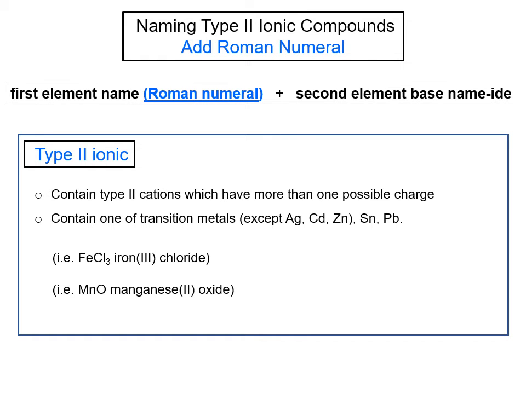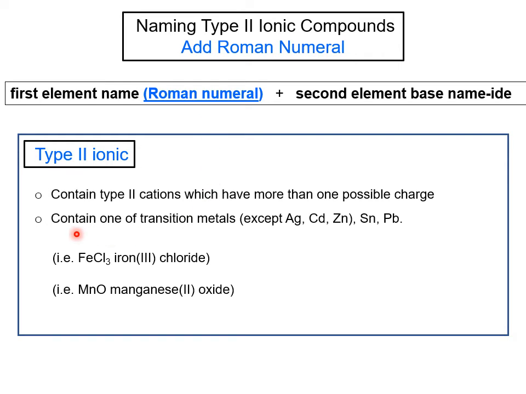Right, so now we'll look at type 2 ionic compounds. For naming type 2 ionic compounds, we add a Roman numeral to the skeletal equation that we had. And remember that type 2 ionic compounds contain type 2 metals. And remember that type 2 metals could have more than one possible charge. So the reason we need to have a Roman numeral is to show what that charge of the cation is, because it could be two or more potential charges.